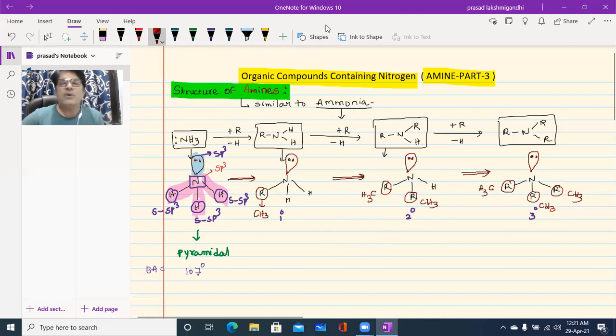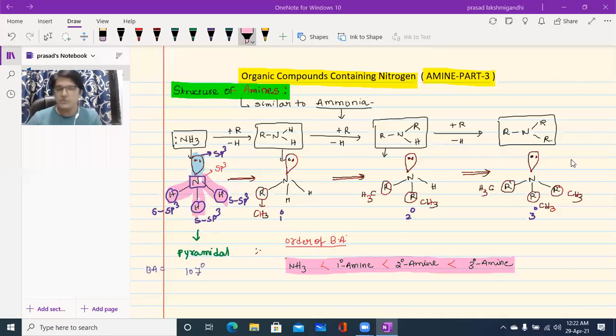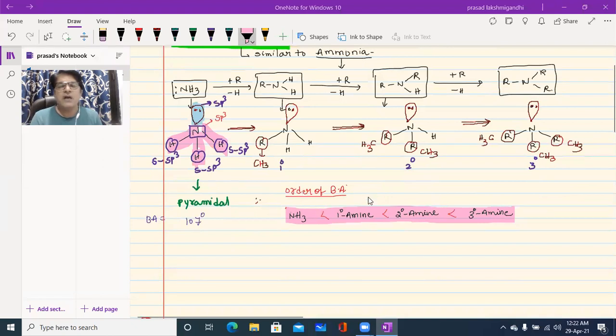Here I am going to write the order of the bond angle. Clear? The order of bond angle from ammonia to tertiary amine slightly increases. Why? As I already told, due to increasing bulky groups. Look, CH3 groups are attached over here, so the steric hindrance also increases.